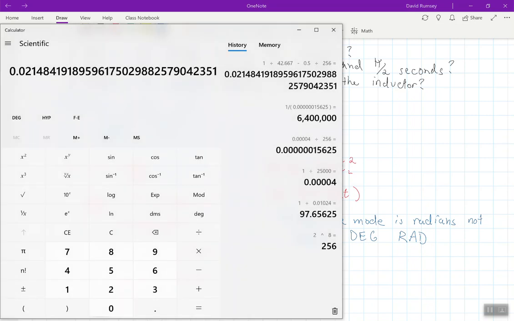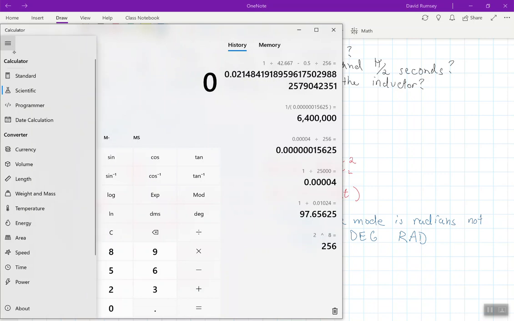I'm going to see if I can show it on this calculator here. Yeah, so you can see here degrees, radians, and there's even something called gradients. Right now it's in degrees mode, but I would want to put it in radians. And this is just the Windows calculator, so it's nothing fancy going on here.